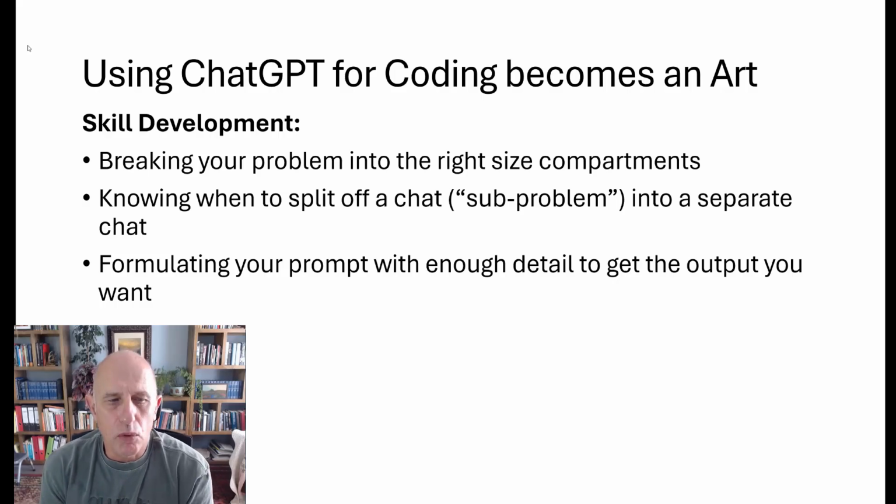And also formulating your prompt with enough detail to get the output you want. In the next video, I'm going to actually solve an engineering problem, just a basic one. How can we read data from an Excel spreadsheet into our program?